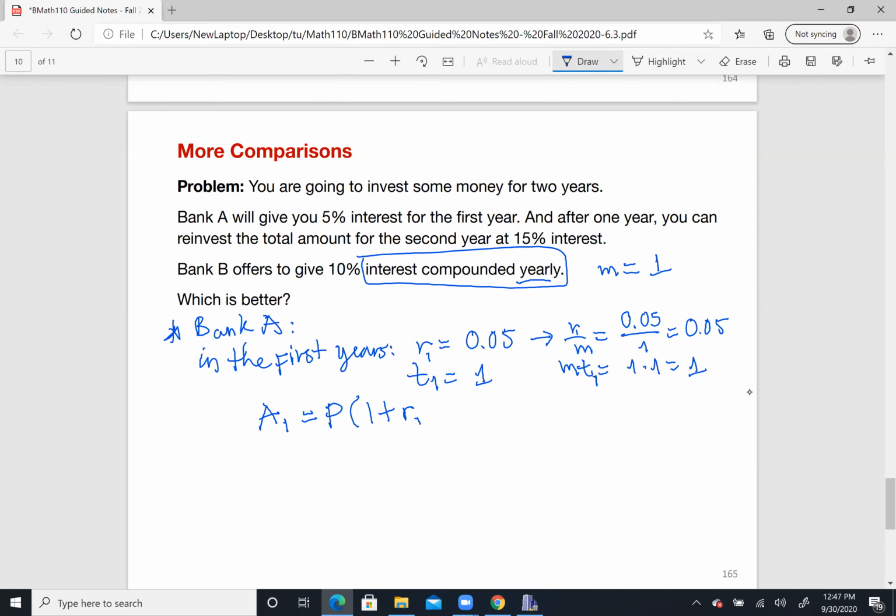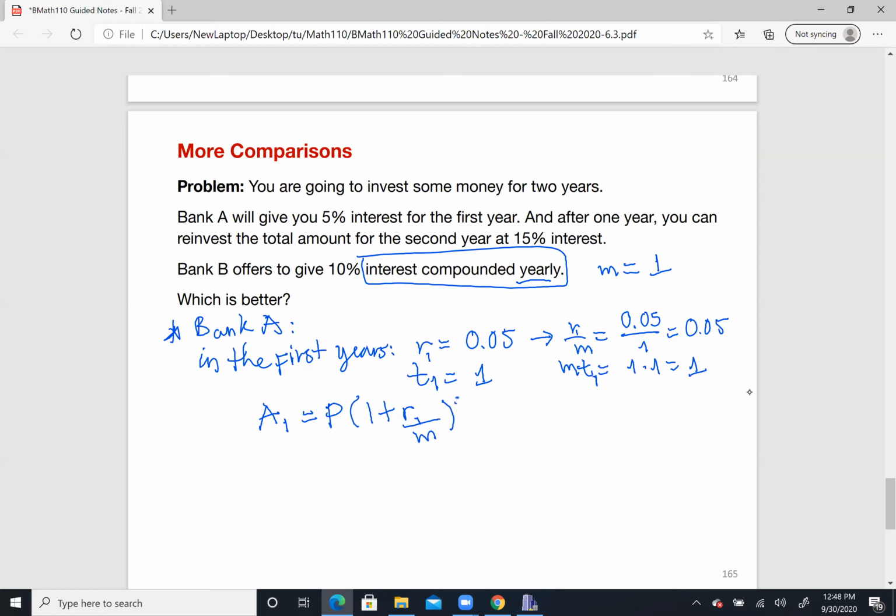R1 over M to power M T1. And if you want to simplify this, I'm gonna have, I don't know, P, just say P here.